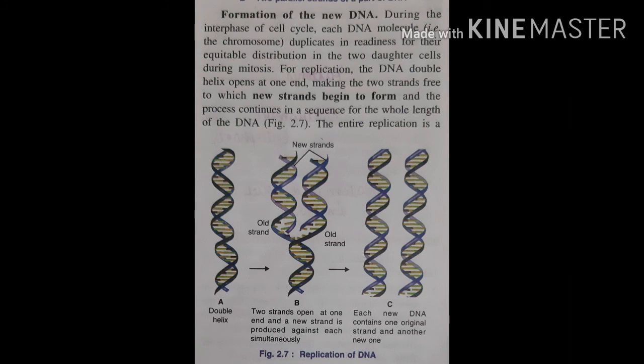In the same way, sugar and phosphate molecules will be formed, giving rise to the pairing with nitrogenous bases, and ultimately they separate from the parent DNA, and form two new strands of DNA.